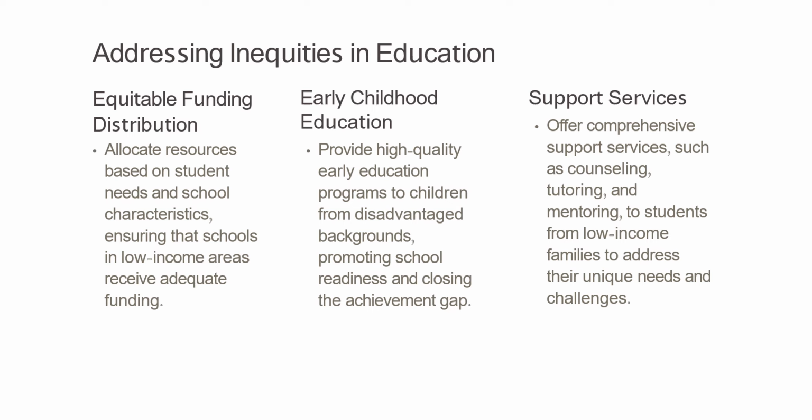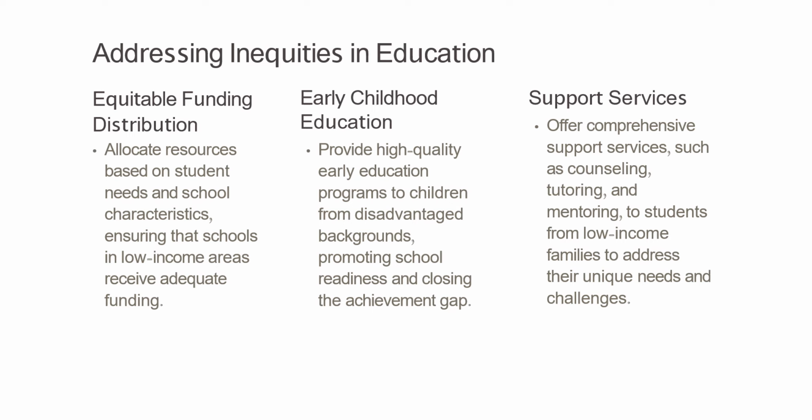So, how do we address these inequities in education? First, we start with equitable funding distribution. Equitable funding distribution is essential for ensuring that all schools have the resources to support student success.